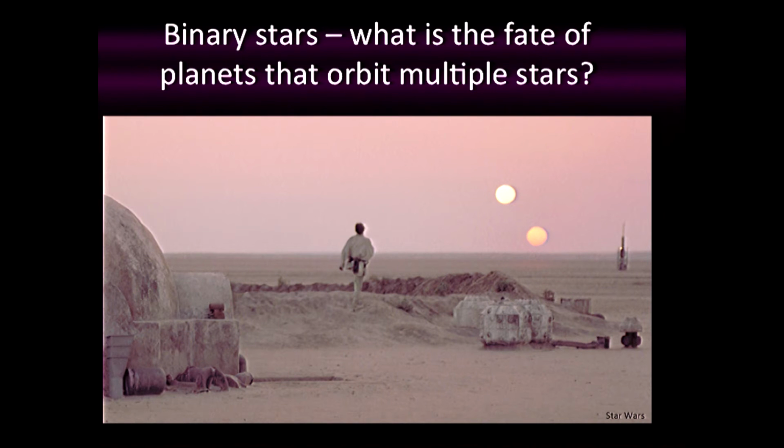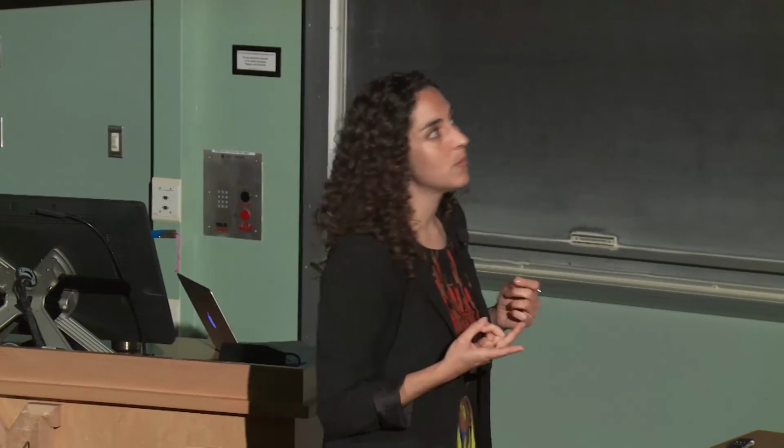And in fact, the bigger your star is, the more likely it is to have at least one companion, if not more. So if we're thinking about forming planets, why wouldn't we think about forming planets around these binary type stars? And in fact, we have found planets around the binary type stars in the popular press referred to as the Tatooine planet for Star Wars related reasons.